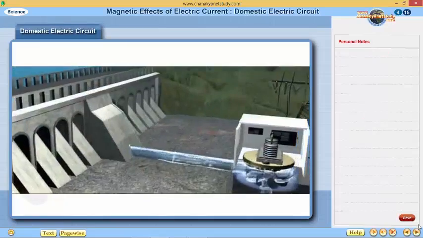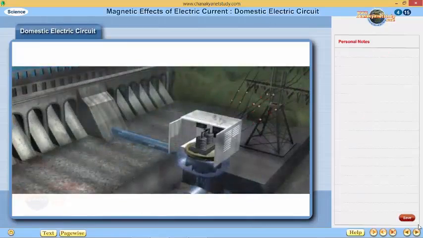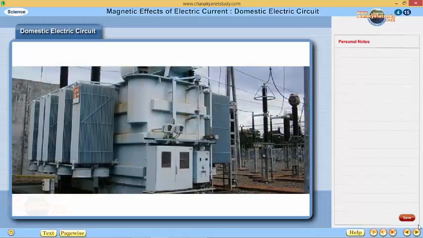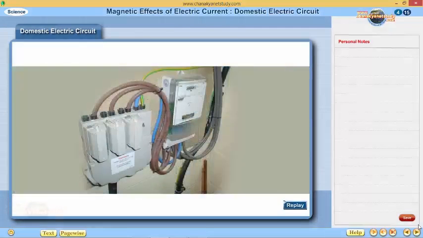Electric wires coming from the power substation are connected to an electric meter installed in a house or a factory. The potential difference between the live wire and neutral wire is 220 volt to 250 volt.